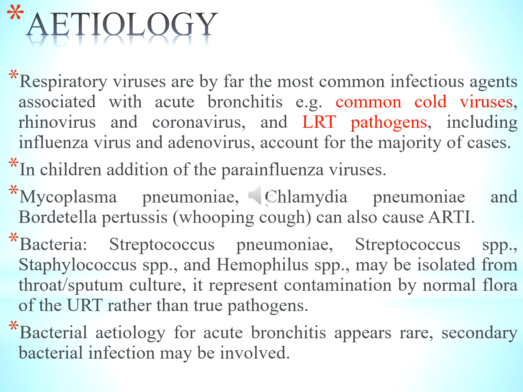In the case of bacteria, Streptococcus pneumoniae, Streptococcus species, Staphylococcus species, and Haemophilus species may be isolated from the throat or sputum culture, which is contaminated by normal flora of the upper respiratory tract. Bacterial etiology in acute bronchitis appears to be rare. Secondary bacterial infections may be involved.